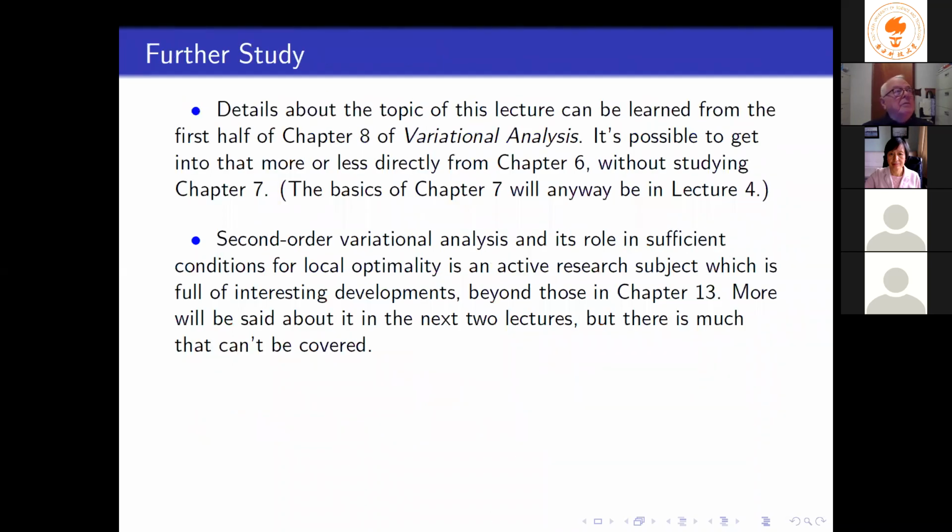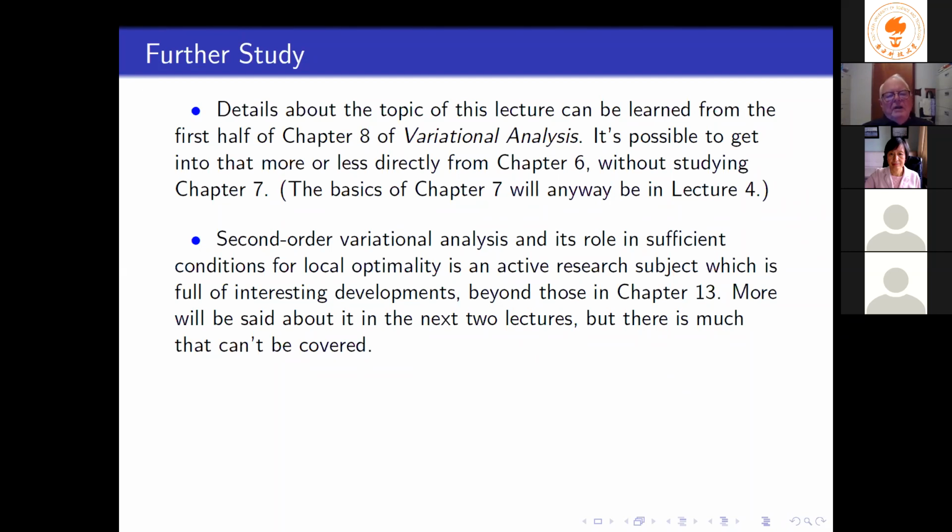So this is the end of my lecture for today. Today I am ending early enough, except for discussing a little bit here about the further study. For the most part, the material in this particular lecture is from chapter 8 of the book Convex Analysis. It seems pretty far into that book if you just want to learn about subgradients. But it's inevitable with a book, there are so many ways to write a book, let me just say.